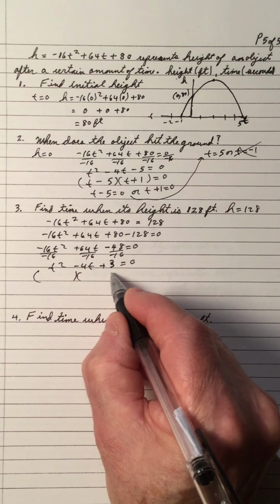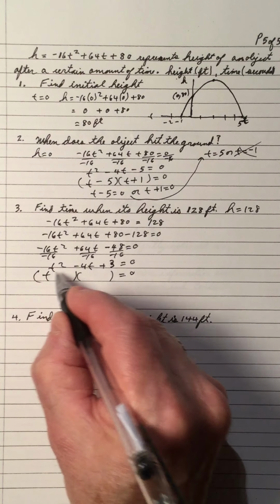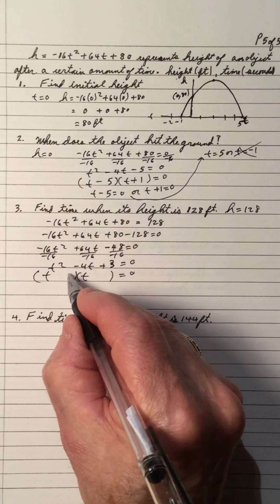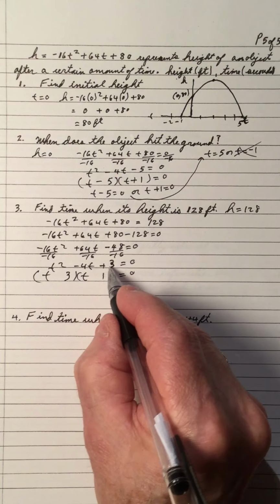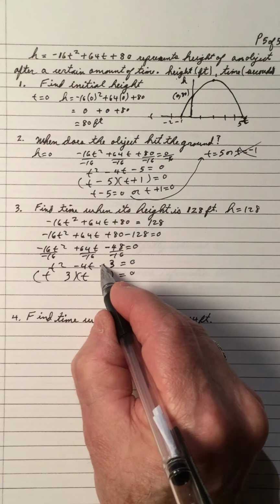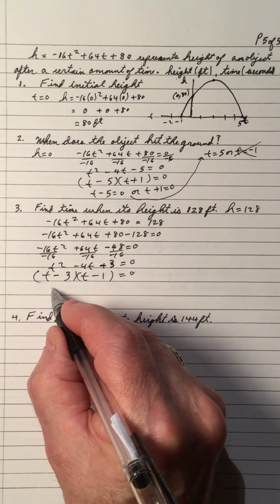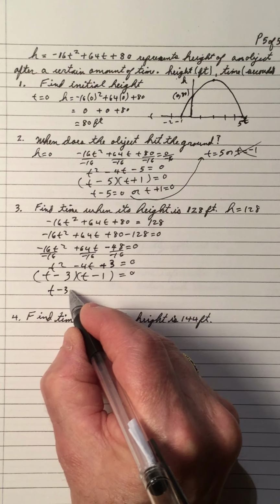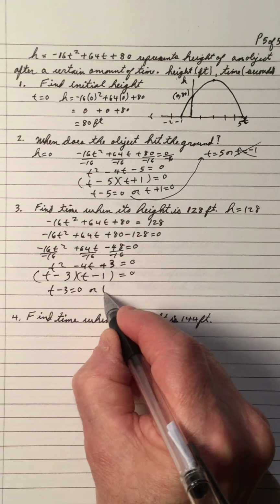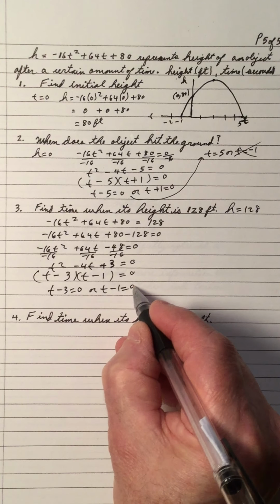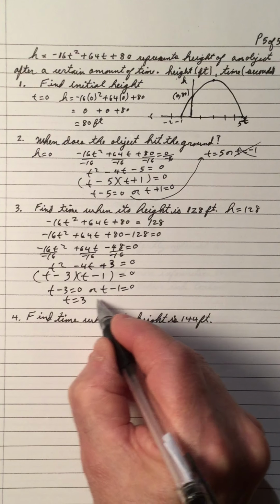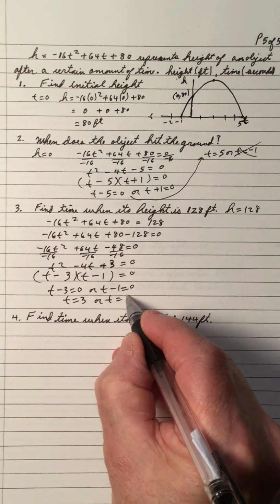And again, it happens to be factorable. T squared is t and t. Factors of 3 are 3 and 1. The product is a positive 3 and the sum is negative, so it has to be a negative and a negative. So that means that t minus 3 is equal to 0, or t minus 1 equals 0. So t is 3, or t is 1.